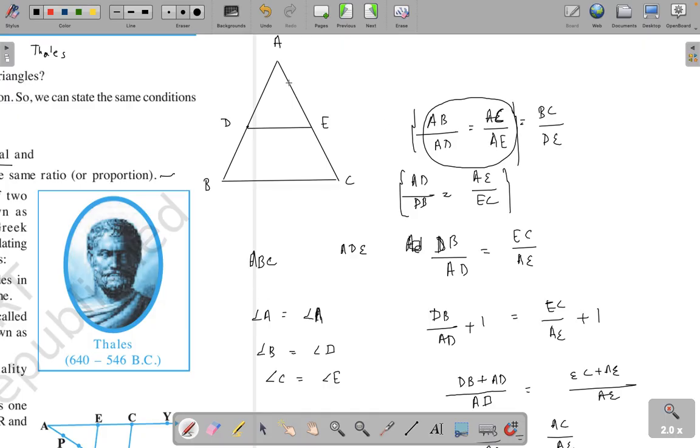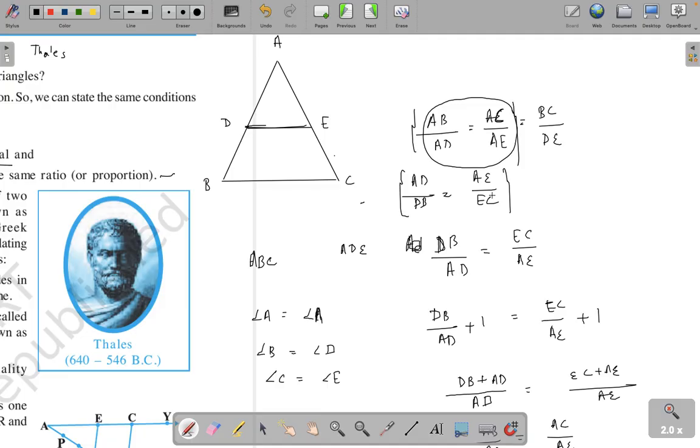Say you are given AD upon DB is equal to AE upon EC, then you will say DE is parallel to BC. Or if you are given DE is parallel to BC, then you have to take AD upon DB equals AE upon EC.